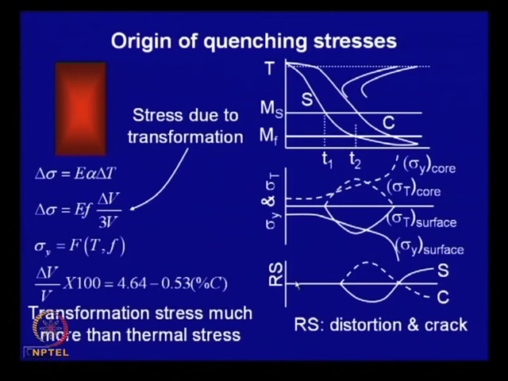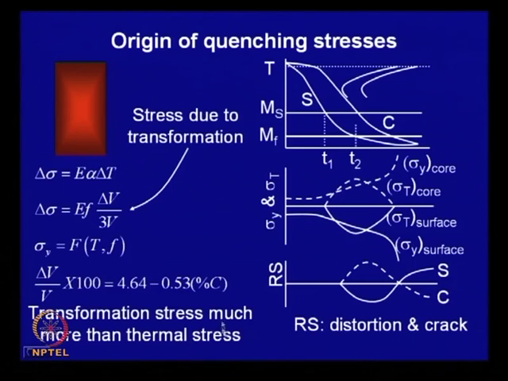And once you come to room temperature, after a very long time, you will ultimately find that at the surface there is a tensile stress, the positive side, and at the center a compressive stress.